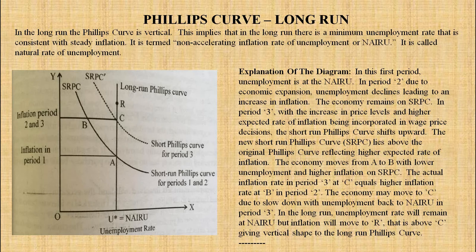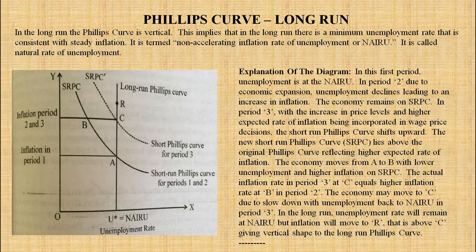The actual inflation rate in period 3 is at C level, which equals the higher inflation rate at B in period 2. The economy may move to C due to a slowdown, with unemployment back at NAIRU, the natural rate of unemployment, in period 3.